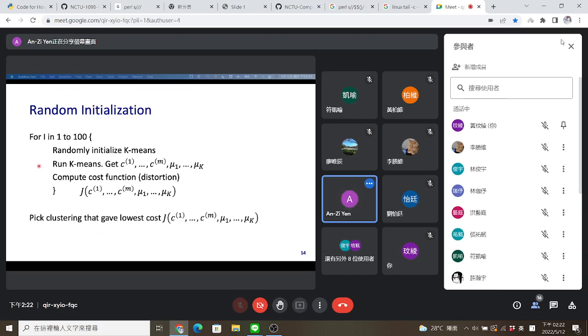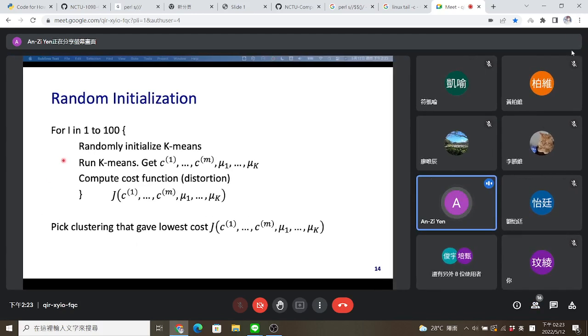So what that means is that we would randomly initialize k-means. So for each of these hundreds of random initializations, we would run k-means, and that would give us a set of clustering from C1 to Cm, and a set of cluster centroids from mu1 to mu k.